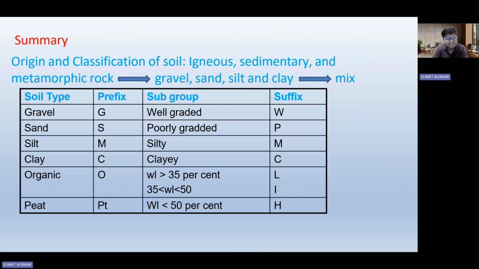We read the Indian nomenclature system, in which we understood the prefixes for gravel, sand, silt are G, S, M respectively, while organic soil is represented by O, and well graded and poorly graded are shown by W and P. In addition, plasticity less than 35, 35 to 50, and greater than 50 is shown with L, I, and H symbols. How we do the nomenclature we read in the very first and second lectures.